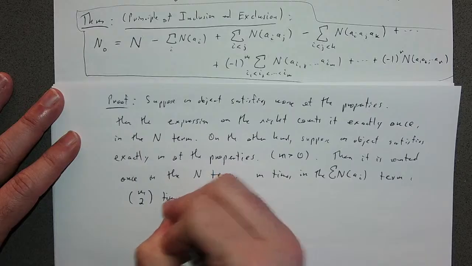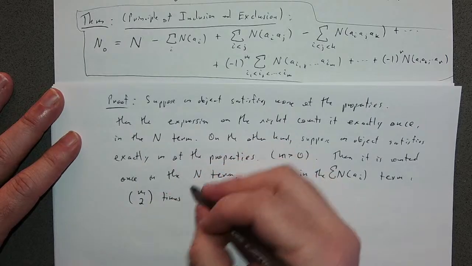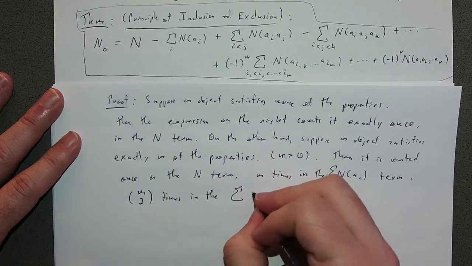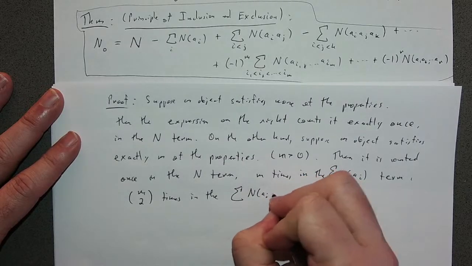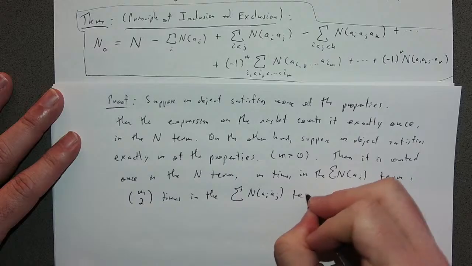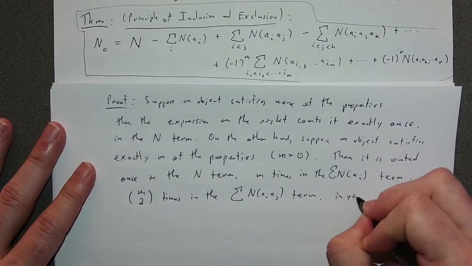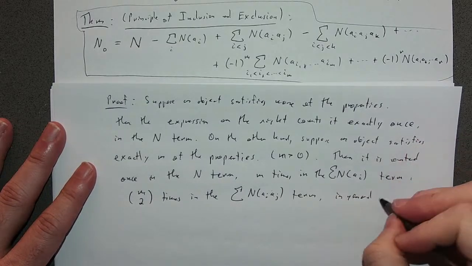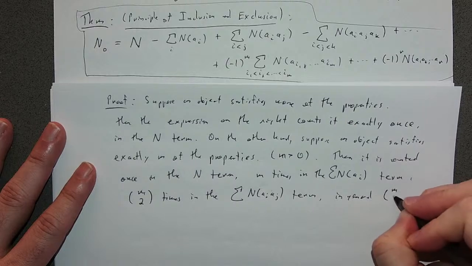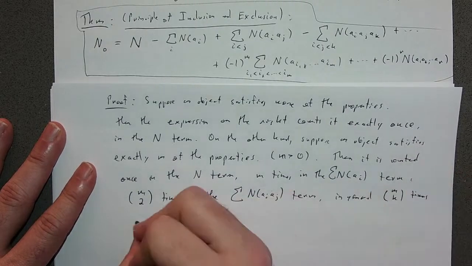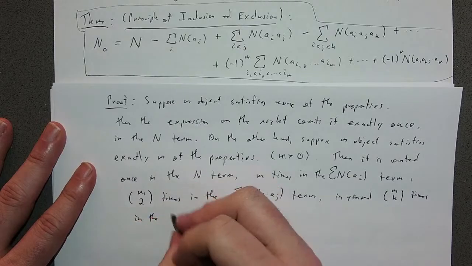So m choose 2 times in the sum over properties taken 2 at a time. And in general, for the same reason, m choose k times in the kth sum term.